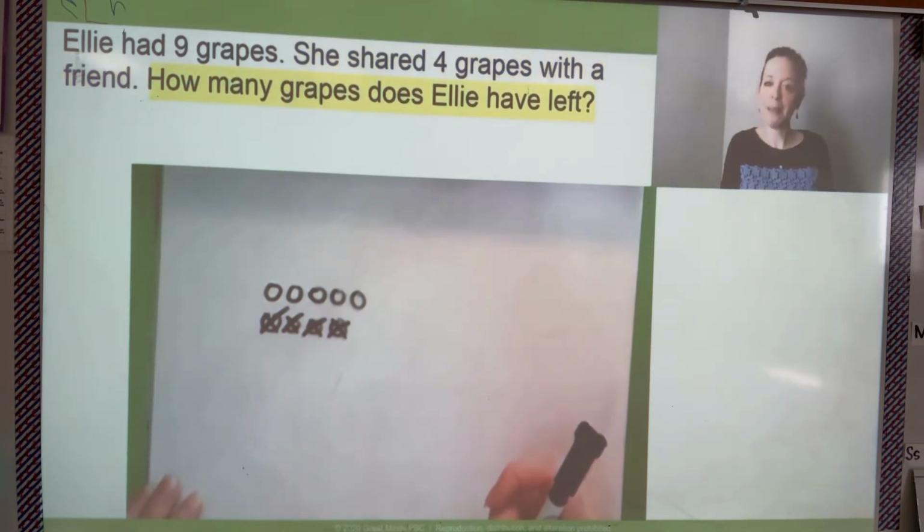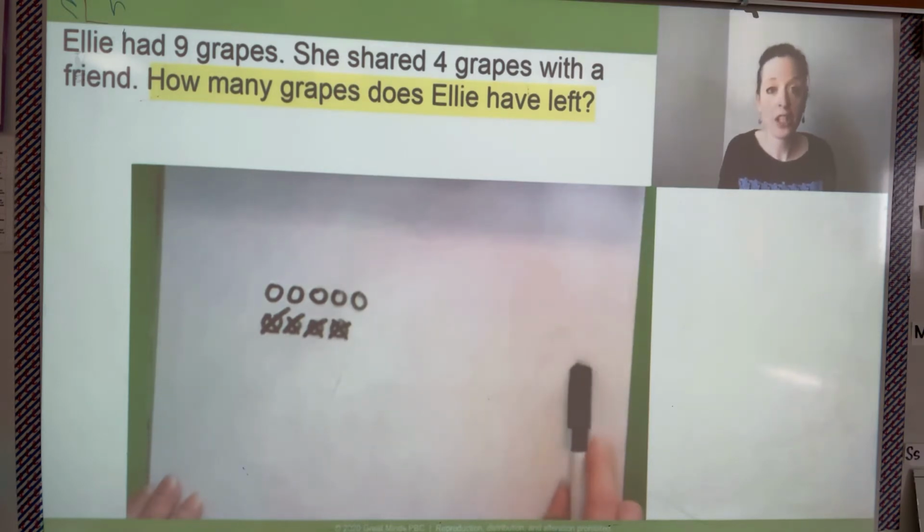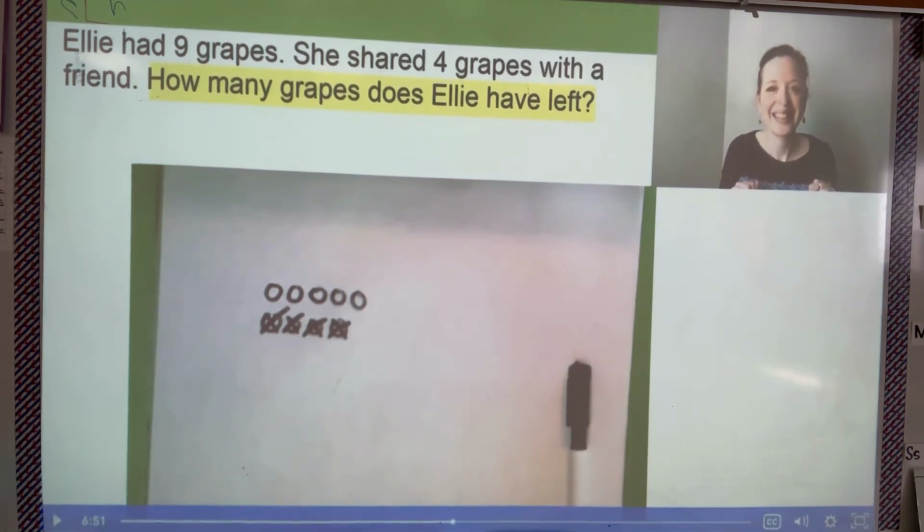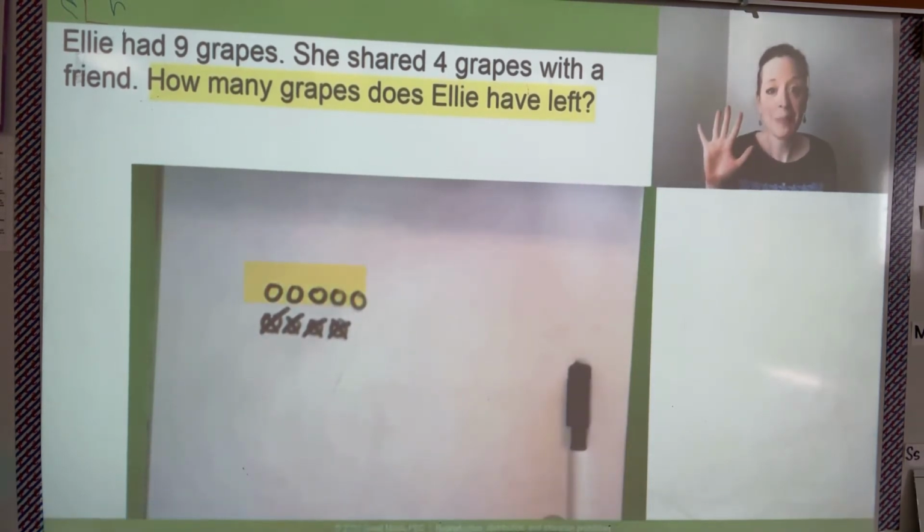How many grapes does Ellie have left? If you know how many she has left, show me with your fingers. Okay, hold up your hands and show how many grapes she has left. Excellent. 5 grapes. Yes, Ellie has 5 grapes left.